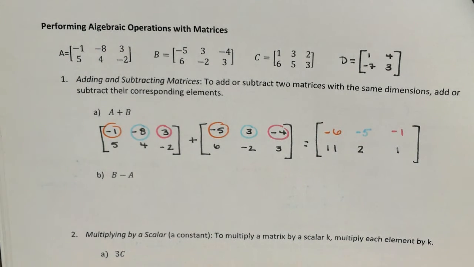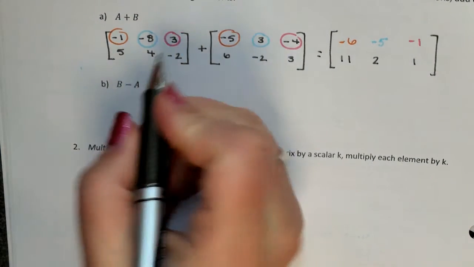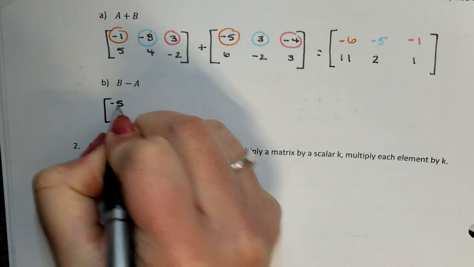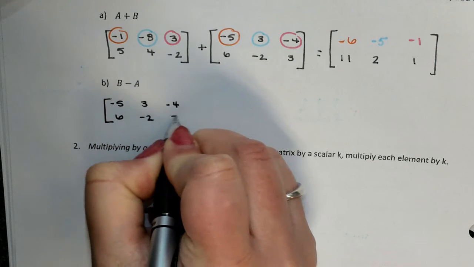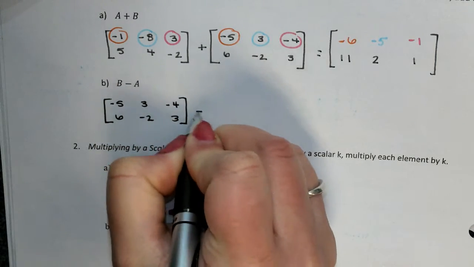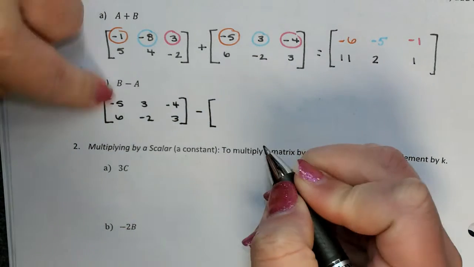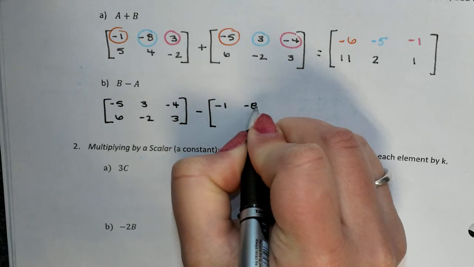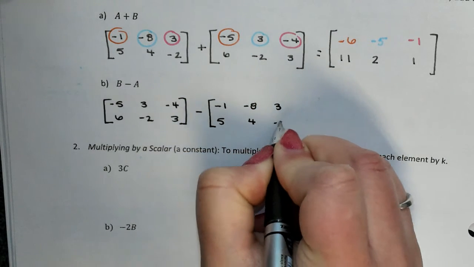All right, so next we're going to do B minus A. So this time, when we go to write these out, we're going to write B first. So our B matrix is -5, 3, -4, 6, -2, 3. We're going to have a subtraction sign in the middle this time. And then A, which is -1, -8, 3, 5, 4, -2.